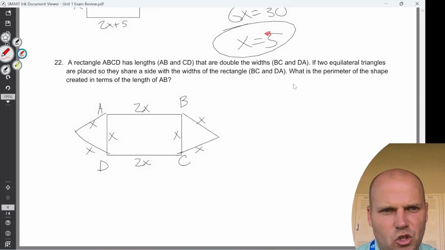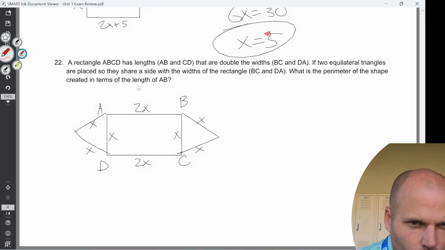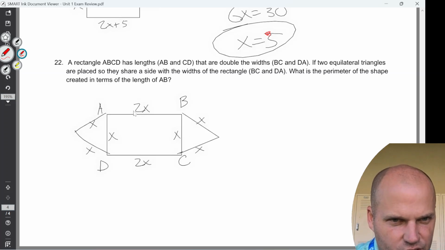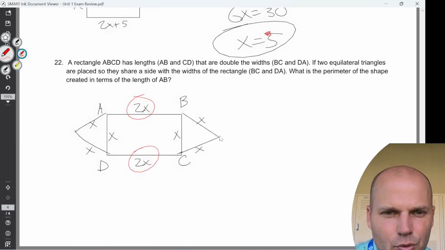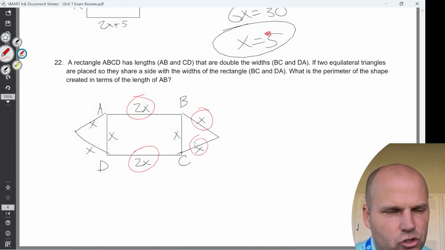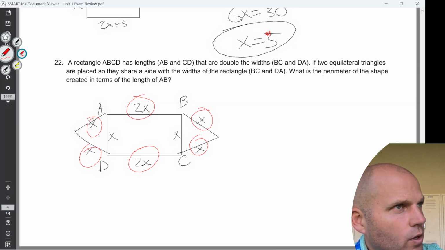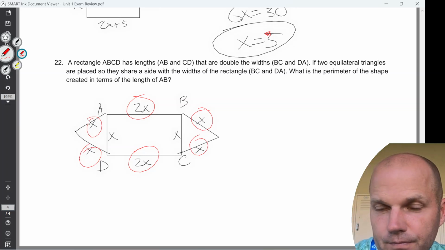Now, if I asked you what is the perimeter of the shape, I would only refer to the lengths of the rectangle, which are 2X, and then two of the lengths of the equilateral triangles on the ends of this rectangle. But two of each triangle.